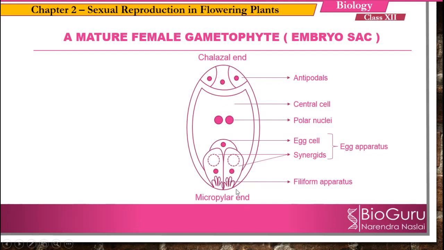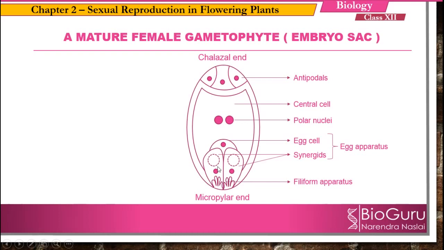And towards the micropylar end, another 3 cells are present, which are known as the egg apparatus. So 3 plus 3, how many cells? 6 cells. There is one more cell, this central large cell. So 6 plus 1, 7 cells. Clear? So a typical mature female gametophyte consists of 7 cells.